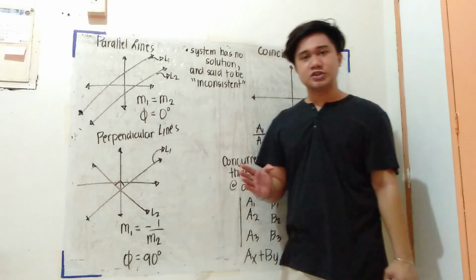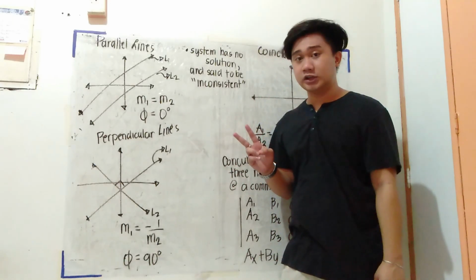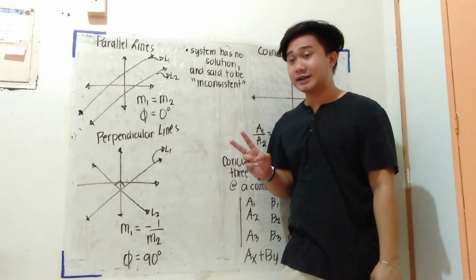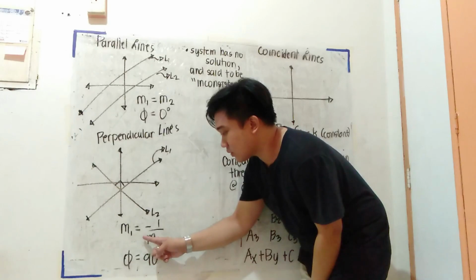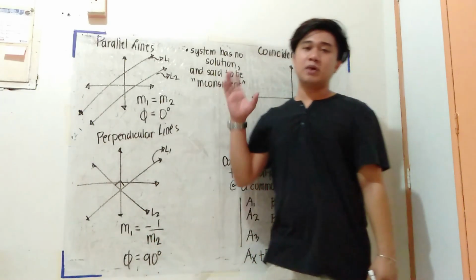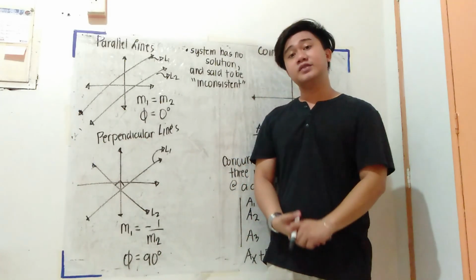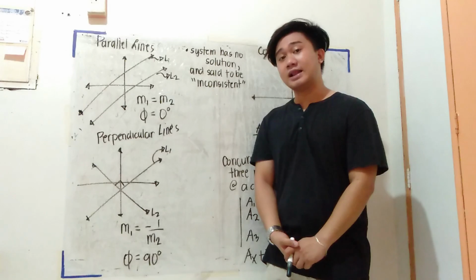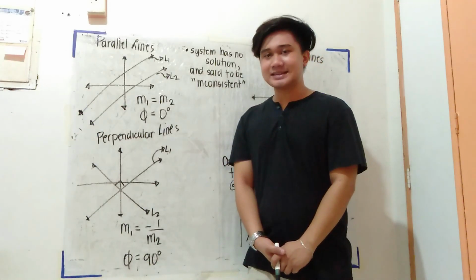And what is the relationship between the slopes of two lines that are perpendicular or orthogonal? Well, this is the relationship. M1 is equal to -1 over M2. Or the slope of the first line is equal to the negative inverse or the negative reciprocal of the other line.